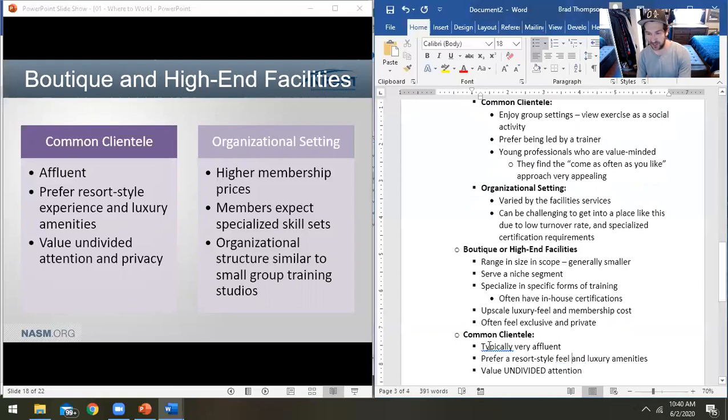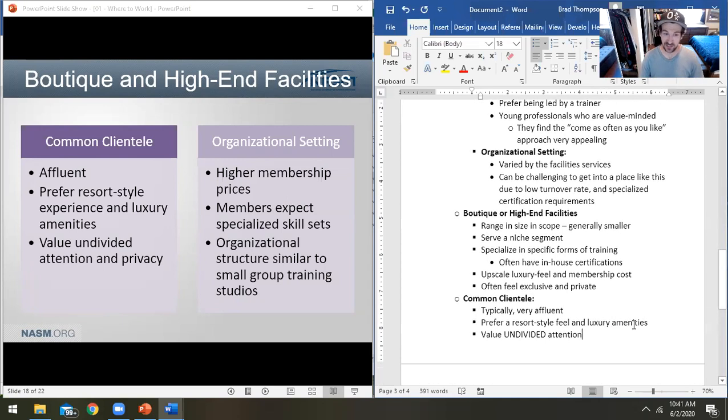This is the type of place where you really do not want to be on your phone. These people are used to paying for specific services from somebody. If you are not giving them your undivided attention, they're not going to feel like they're getting what they paid for, and you're going to lose that client. So that is something to definitely be aware of.